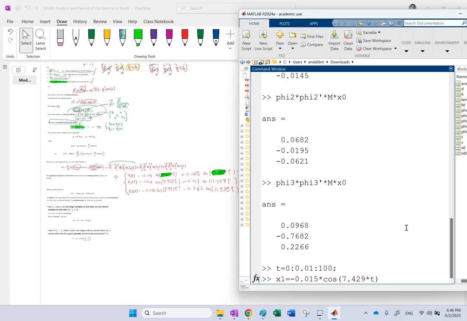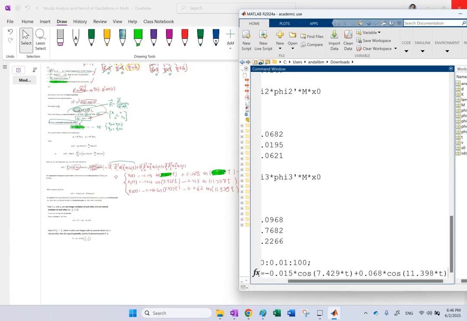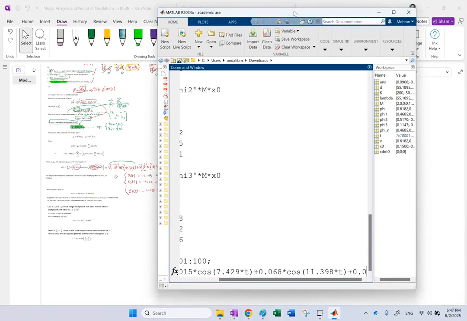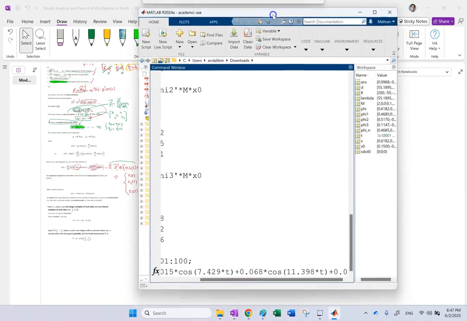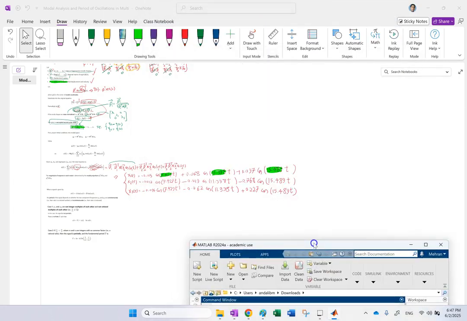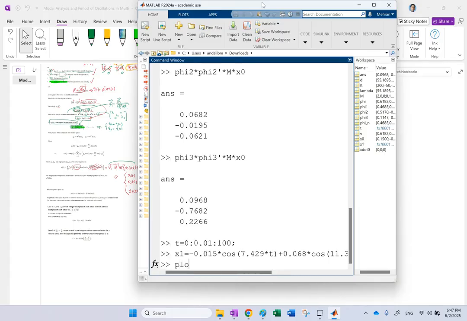And then I'm gonna repeat the rest of it. And then the last one, which is 0.097 times cosine of, and that one was 15.489. So that's x1, and now let's go ahead and plot t and x1, maybe with a line width 2.